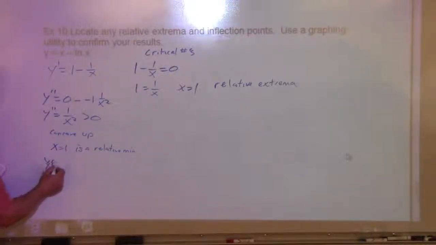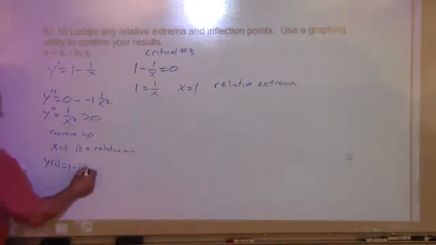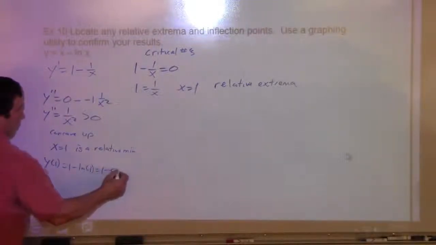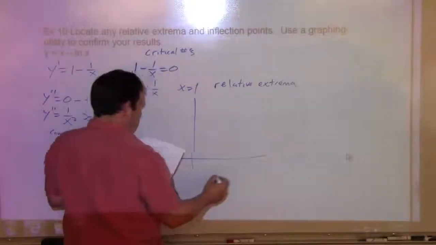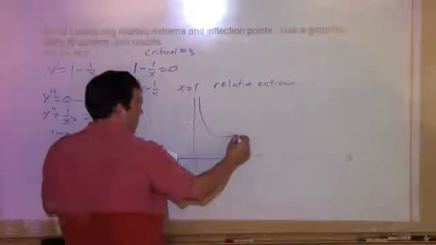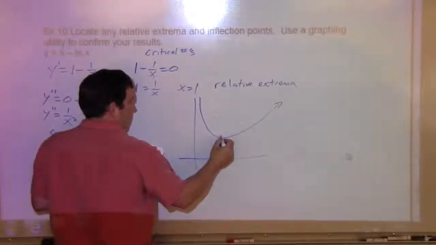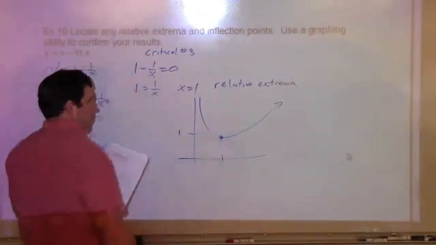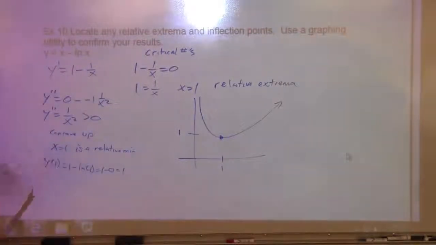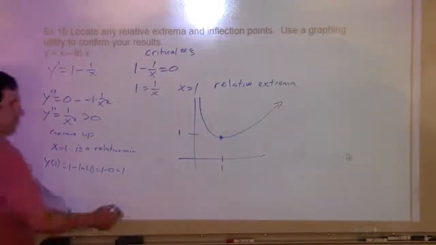So y of 1 is going to be 1 minus natural log of 1, 1 minus 0, which is 1. So this graph looks something like this. Our minimum is at (1, 1).